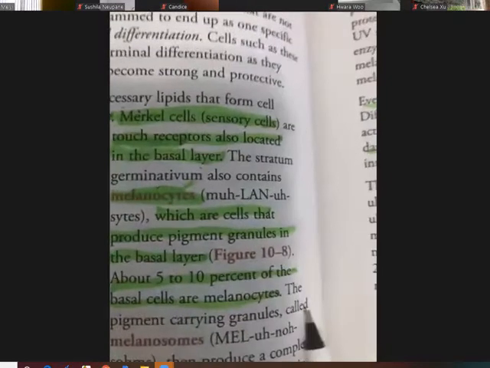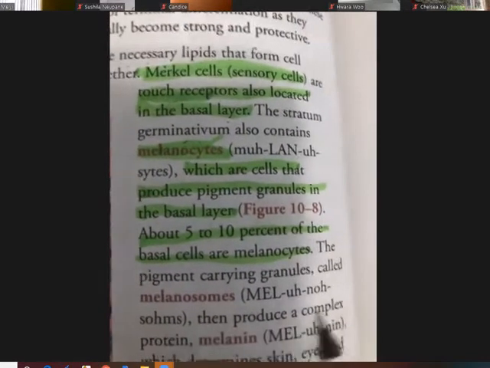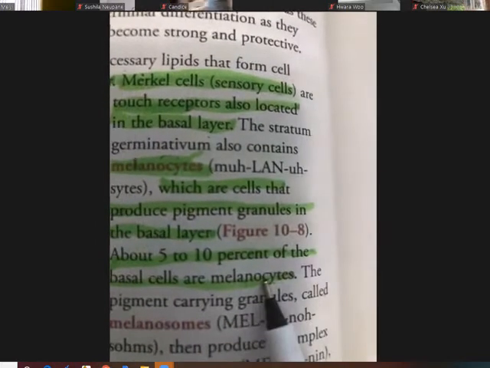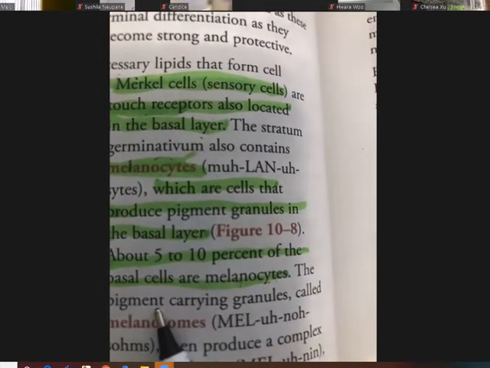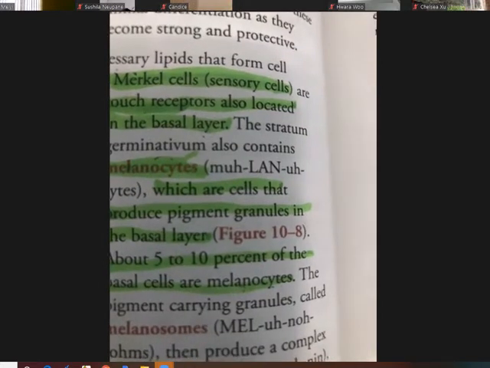The pigment-carrying granules are called melanosomes, which produce a complex protein called melanin. So melanocyte is the cell. The melanocytes contain melanosomes, which produce melanin.